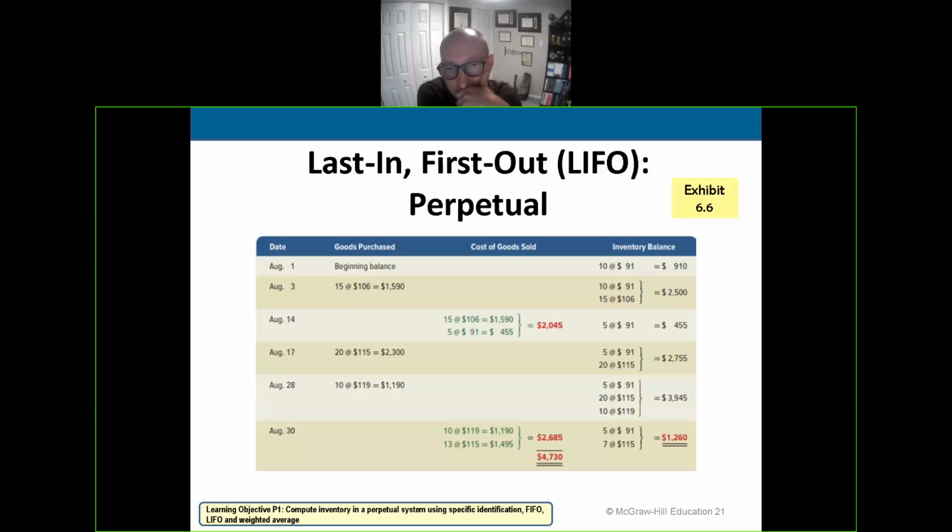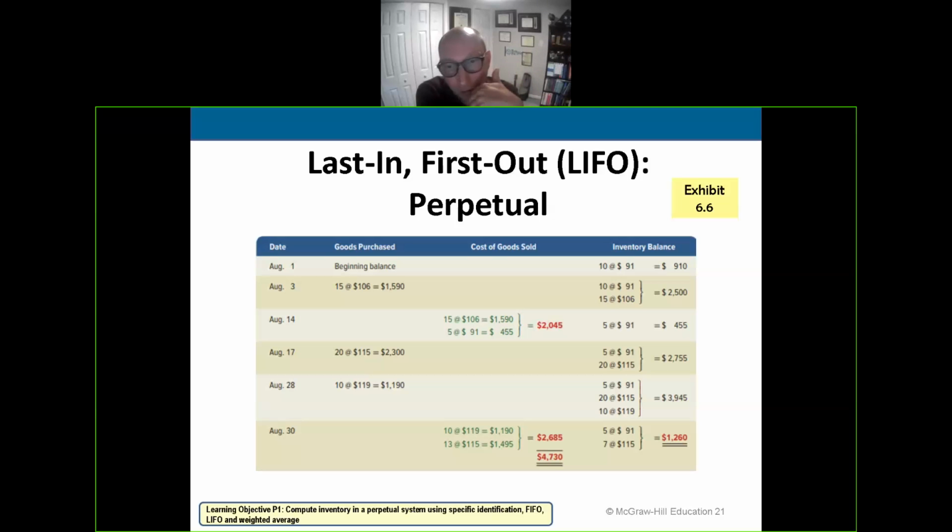So August 14th, the first batch of sales that I recorded was 15 bicycles at 106. Now you might be asking, well, what? Because that's the last purchase I received in. Last in. Last purchase I received in were 15 bikes at 106. So I'm going to sell those first. Last in, first out.